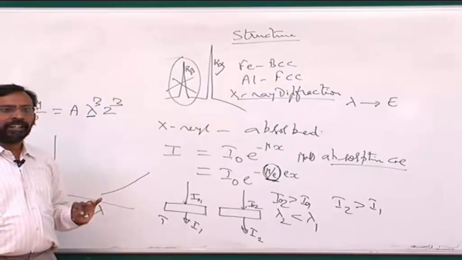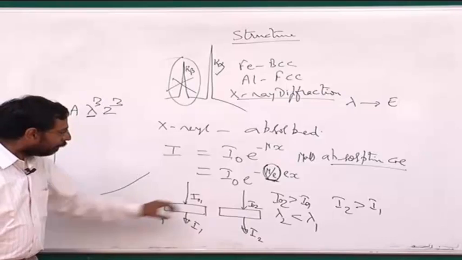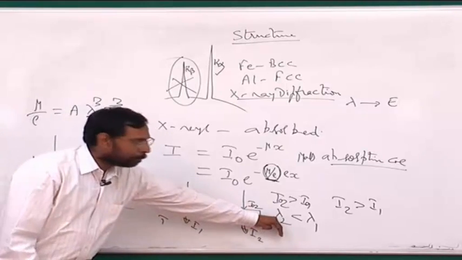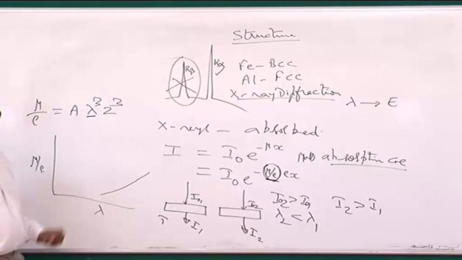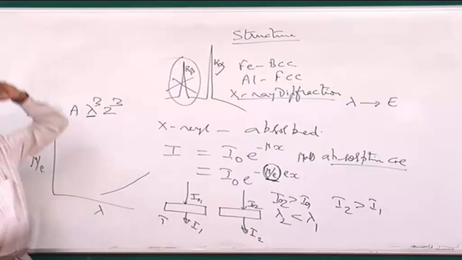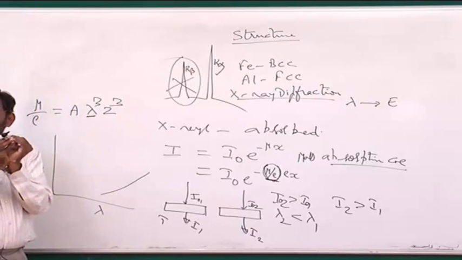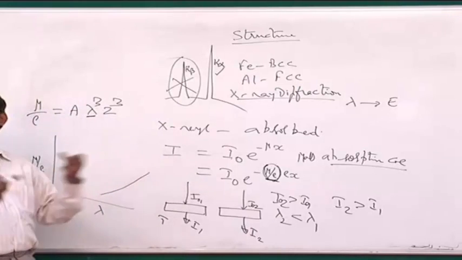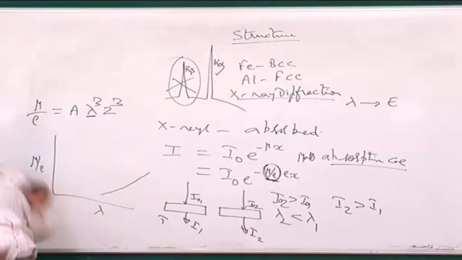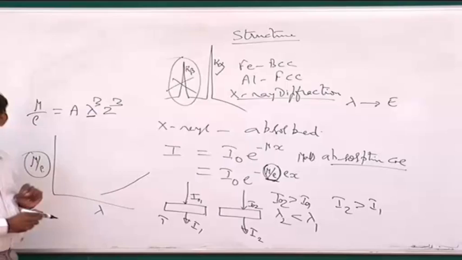So if the incident beam has a lower lambda, the absorption will be lower because it does not get absorbed, it gets transmitted. If the incident beam has lower energy, that means higher lambda, it gets absorbed, it does not get transmitted. So you can see mu by rho is always a function of lambda.